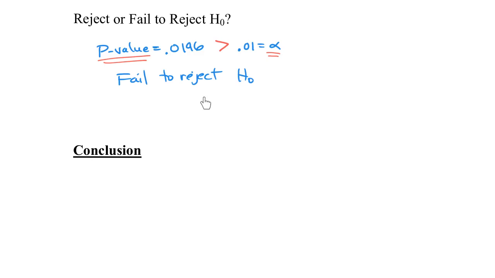This is a perfect example of that. Had this been 0.05, we would have rejected H0. So we have to, in the conclusion, mention the line in the sand we're using, because if it were a different one here, we would get a different conclusion. That's why I always start off right off the bat saying at the 1% level of significance, right? That tells us our line in the sand.